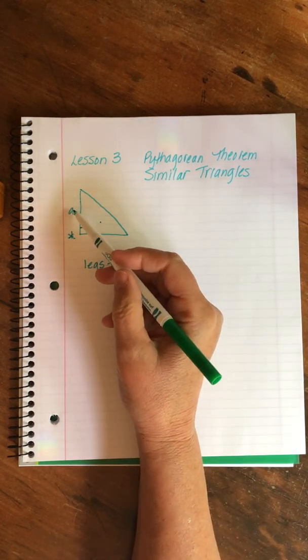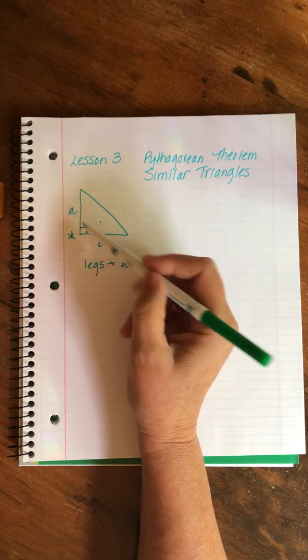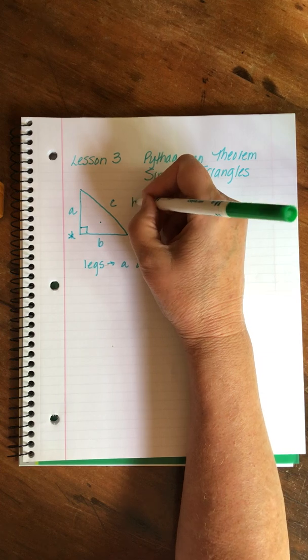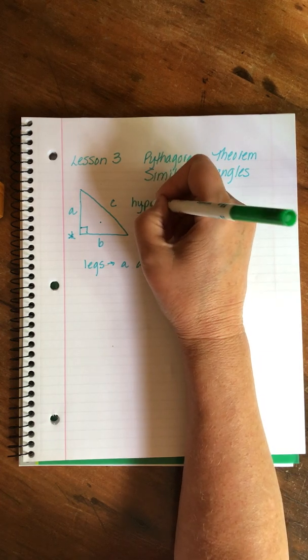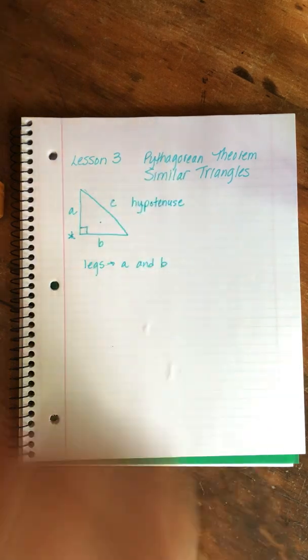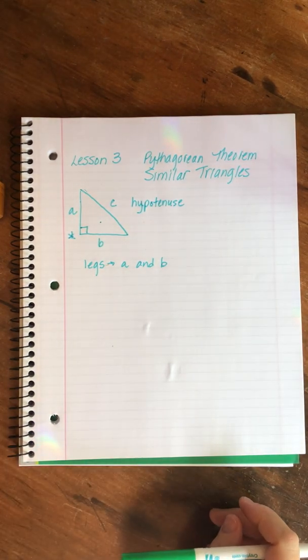It doesn't matter which one is A and which one is B, but it matters very much that A and B are the two legs, which are the straight edges, and then C is what we call the hypotenuse. And that's the side that is opposite the right angle, and to me it always looks like a piece of paper that's been cut on the diagonal. So that's how I always think of it.